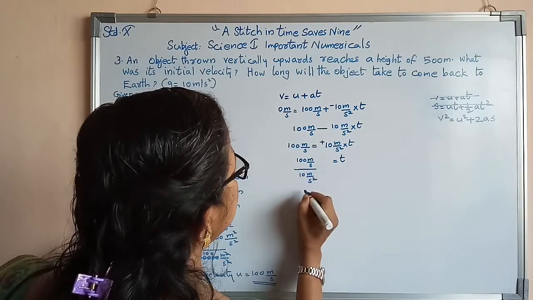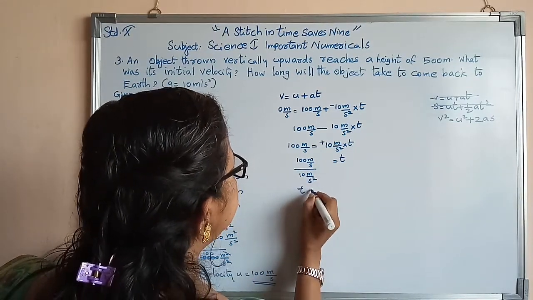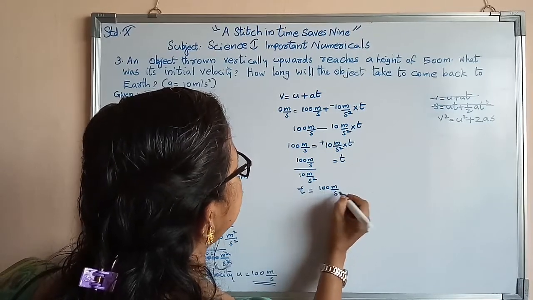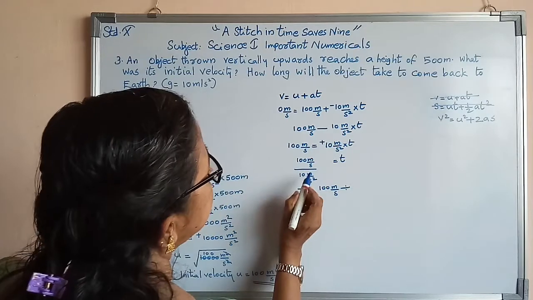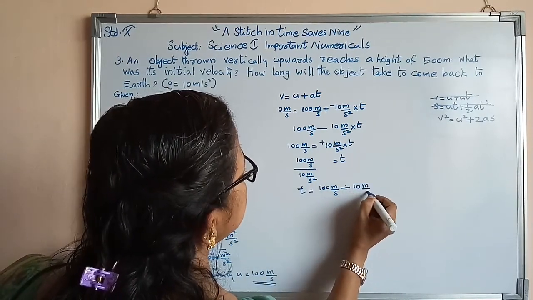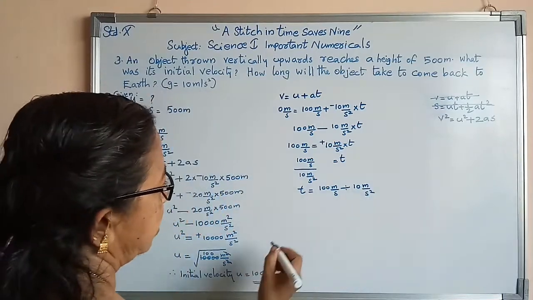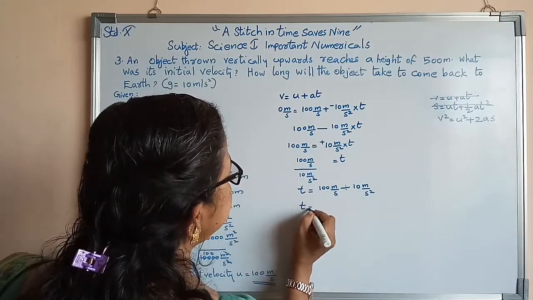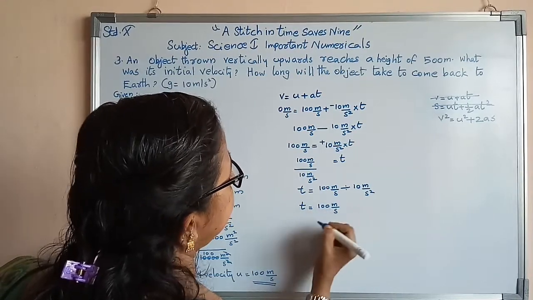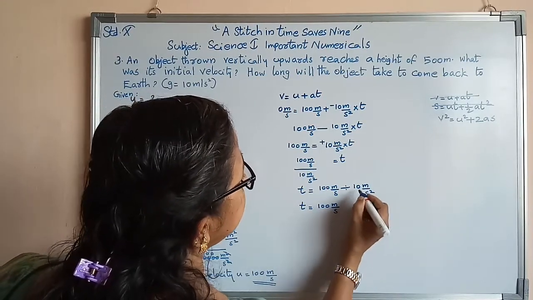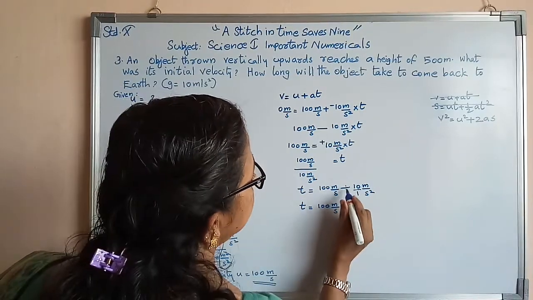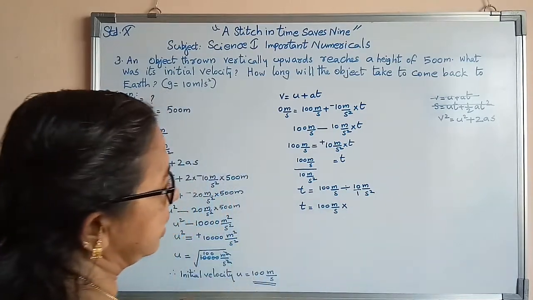Now here I am writing it as t is equal to 100 meter per second divided by 10 meter per second square. Now here fraction is there. Here again I am making it in fraction form, 10 upon 1. Now division I am changing to multiplication sign.